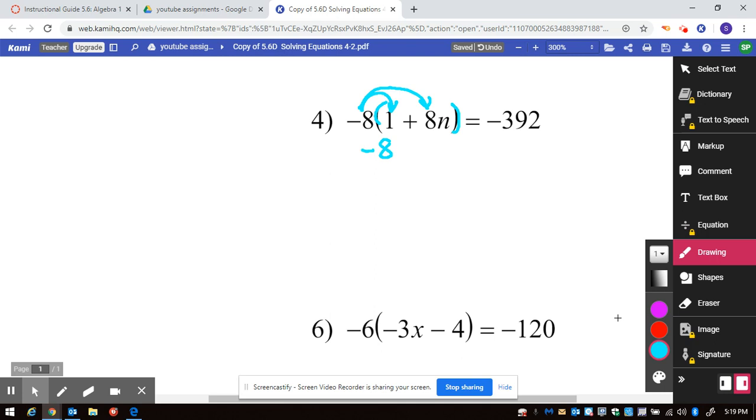And -8 times +8n is -8 times 8, which is 64, and because this has an n, this has an n, is equal to -392.